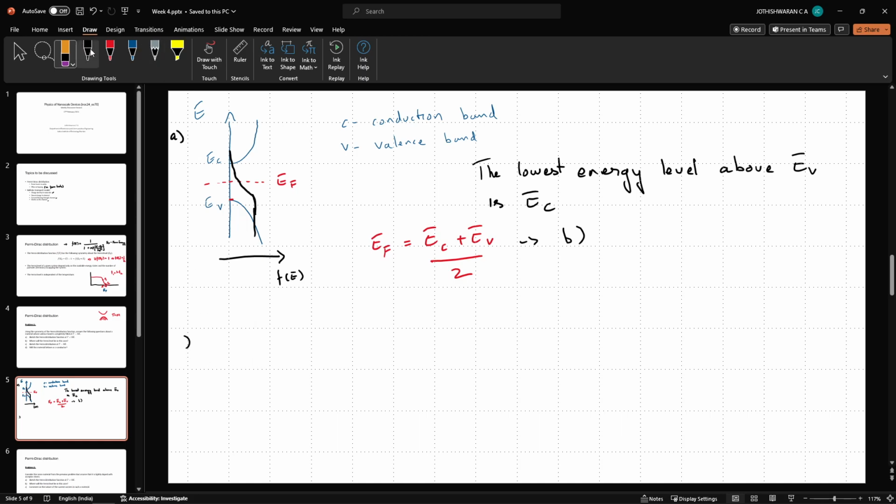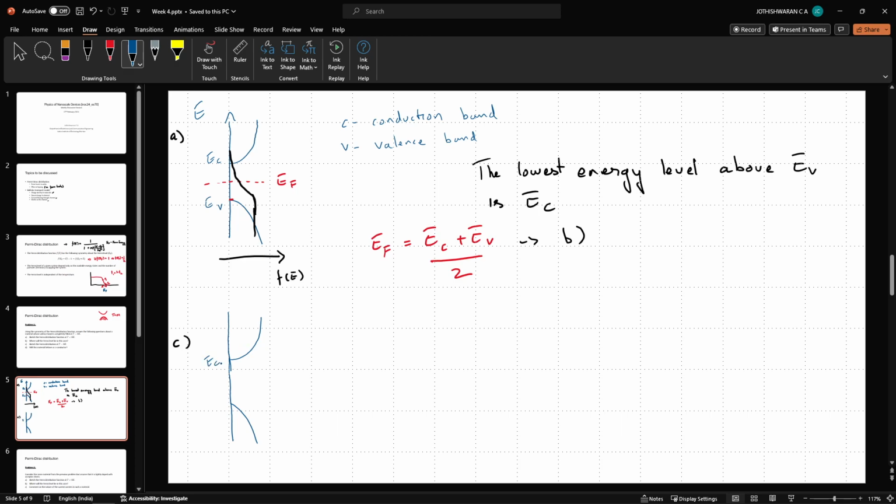Now that the Fermi level has been defined, again changing the temperature will not change the Fermi level. Therefore, at T equal to 0 Kelvin, now we will be able to draw the correct Fermi distribution function for this system. So again, I have EC, I have EV.